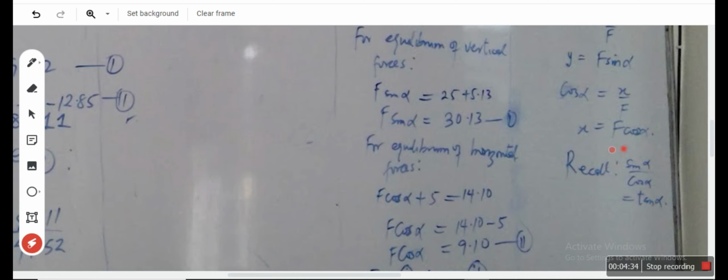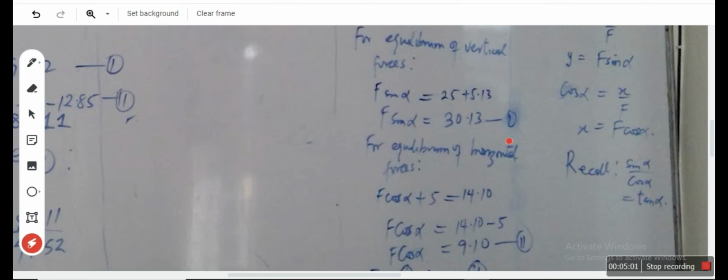One way to do that is to divide. In this particular case, we can divide one equation by the other so that we obtain one of the popular trigonometric identities, like sine alpha over cos alpha, which gives tan alpha, or sine theta over cos theta gives tan theta.